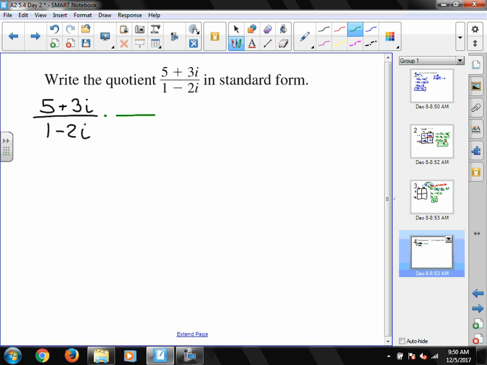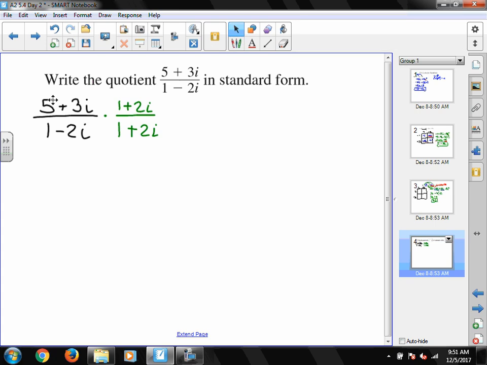So I need to multiply both of these by, well, the conjugate. I look at the sign, it's minus 2i, so I'm going to multiply by 1 plus 2i and 1 plus 2i. The reason I can do this is since I'm multiplying by the same thing on the top and bottom, this is really just a fancy way to write the number 1.